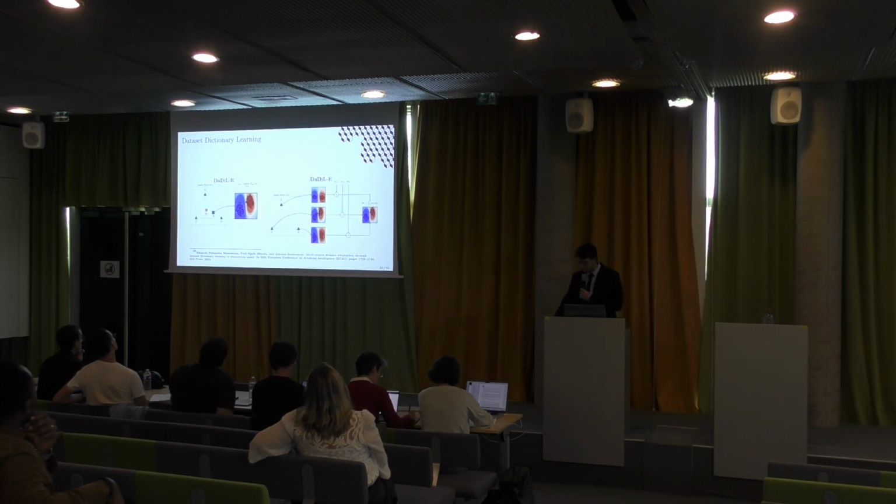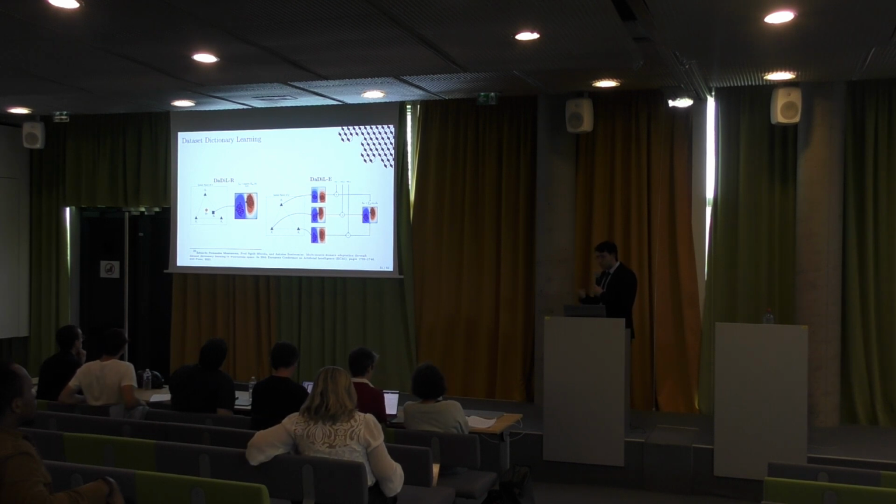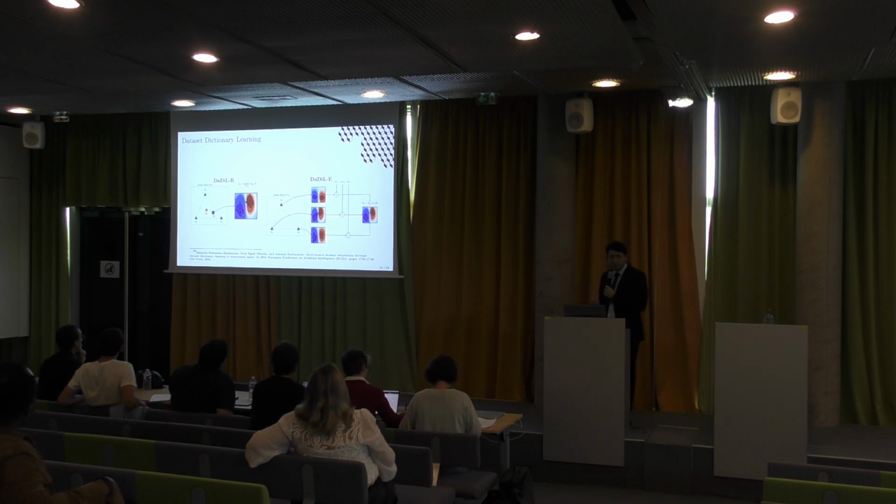Now, as I said to you, associated with the dictionary, you have labeled distributions. That is, each one of the atoms is labeled. This allows us to calculate a labeled reconstruction for the target domain. With this labeled reconstruction, we can fit a classifier to the data because we have the pairs of features and labels. This is called the DaDiL-R.